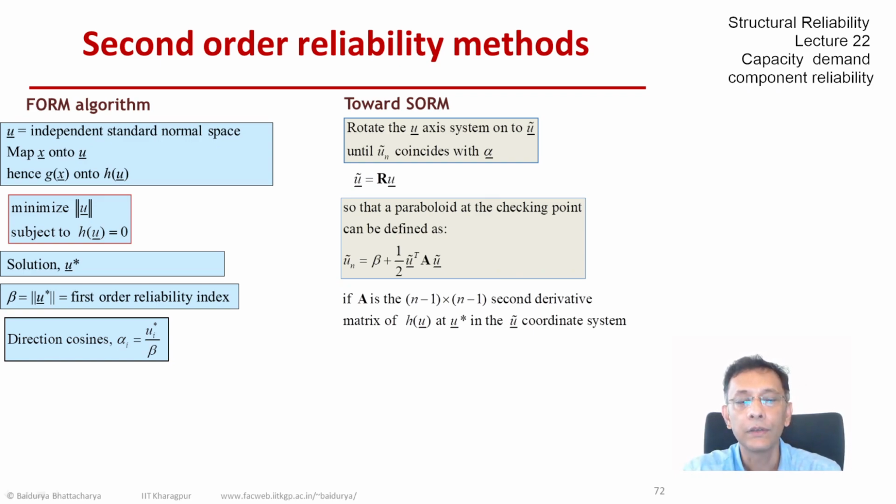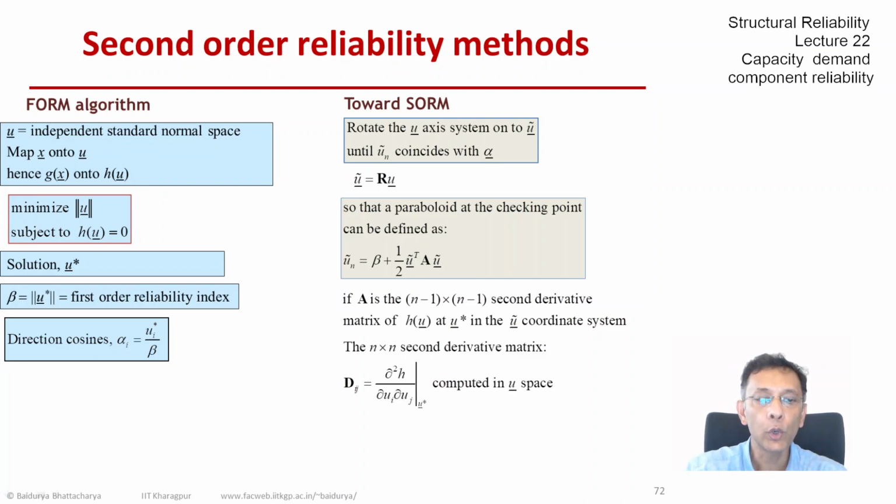So A is an n minus 1 by n minus 1 order matrix defined at the point u star, and if we know what the n by n second derivative matrix of the limit state function h at u star in the original u space is, then we can derive A in terms of D using the transformation matrix.